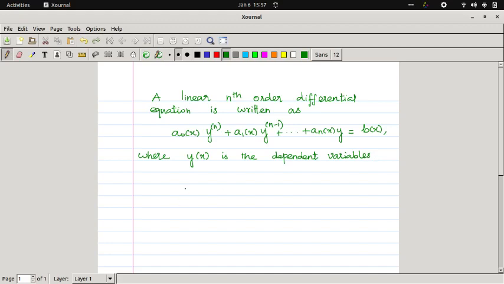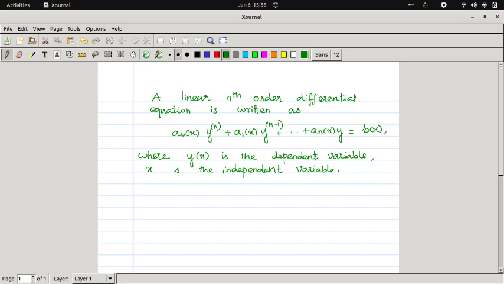Sorry, x is the independent variable. So only one independent variable.